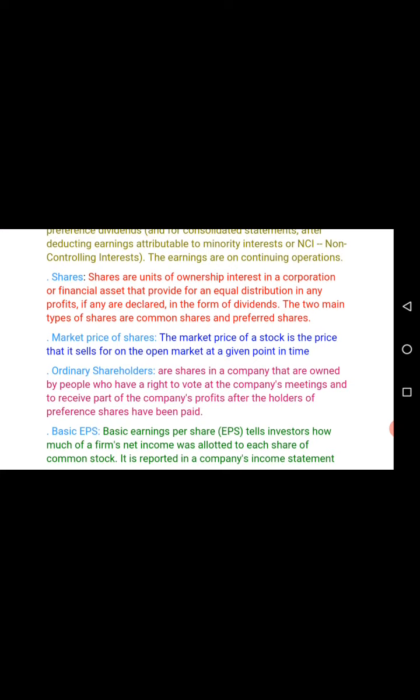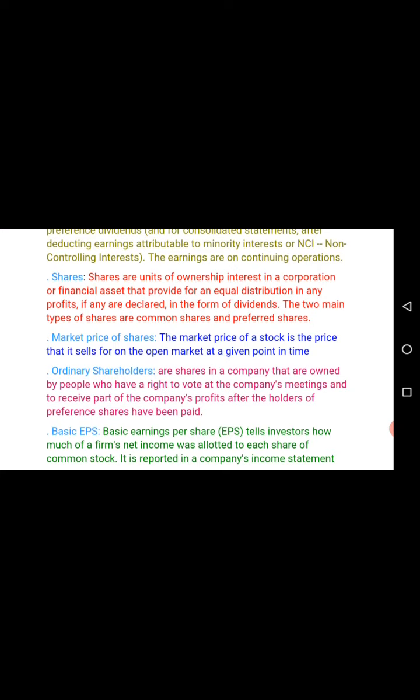Now, for ordinary shareholders, they have the right to vote, and once you have the right to vote, you are perceived as the owner of the business because you take decisions for the business. You make decisions on who will take the decisions for the business.